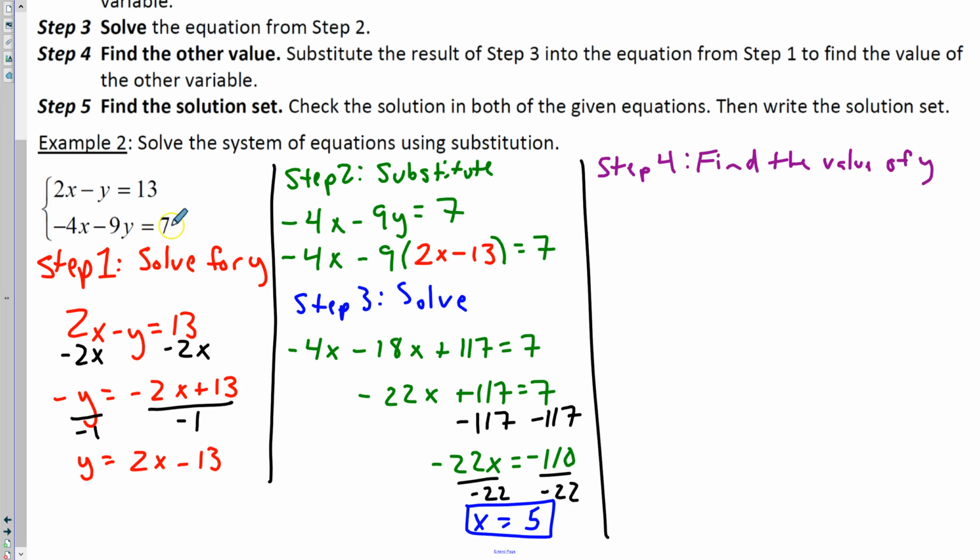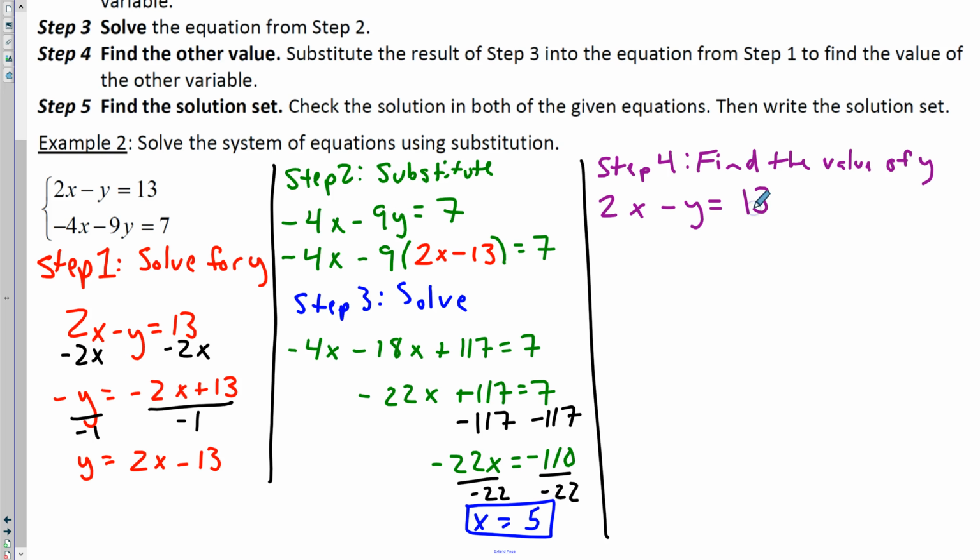So I can go back to either of my two original equations to solve for the value of y. I could also use potentially the equation that we found in step 1, that y equals 2x minus 13. Those all relate to x and y. My preference is to go back to one of the original two equations when I get into step 4 here. And why that is because with any algebraic method, we can make mistakes, right?